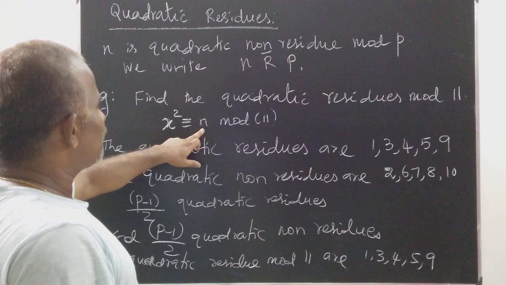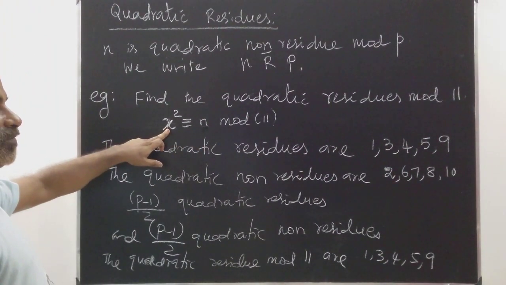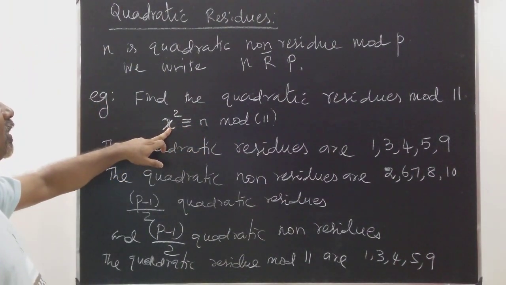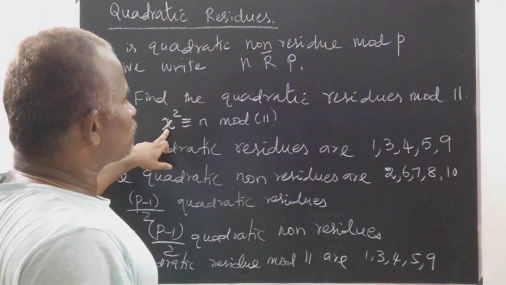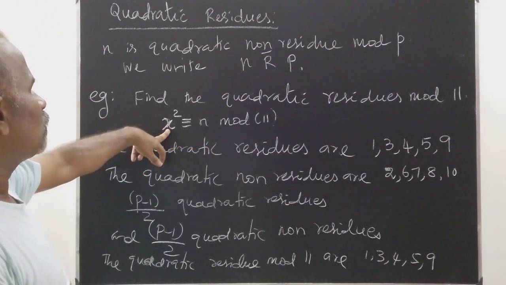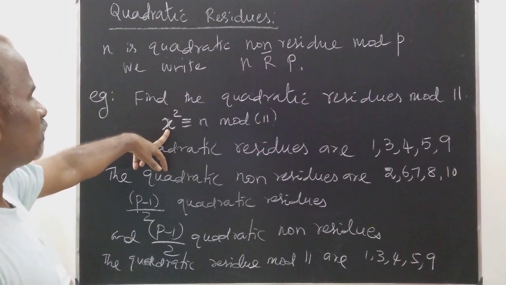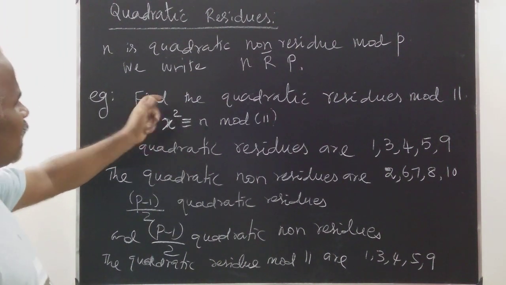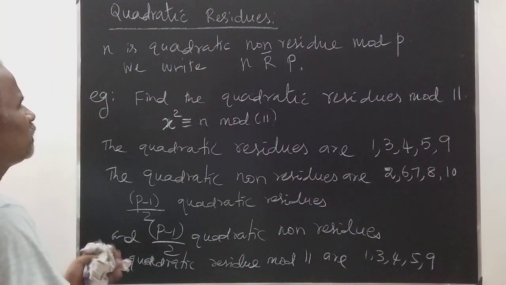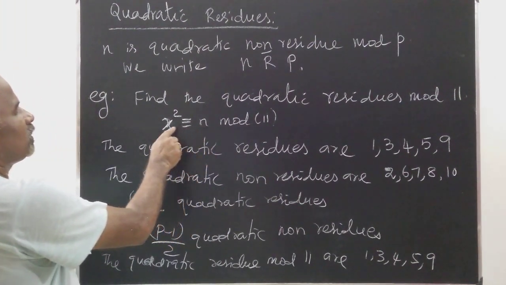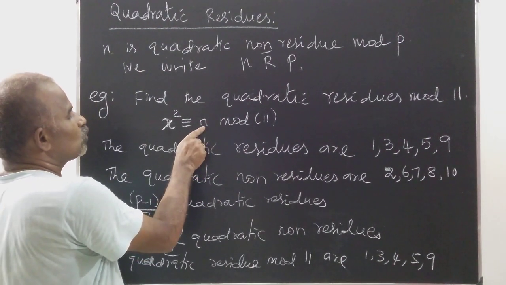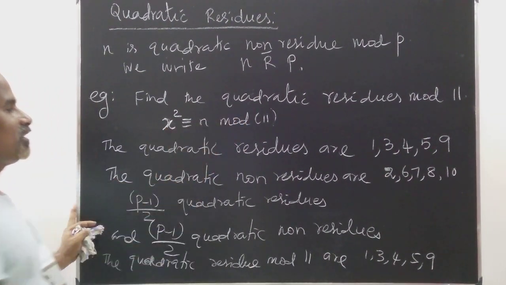You can put 4 here, you can find x. 9 here, you can find x. If n is equal to 1, x is also 1. If n is equal to 2, no such x exists to satisfy this equation.